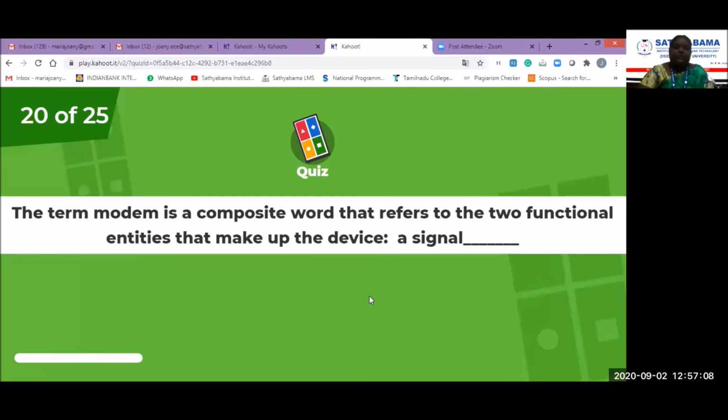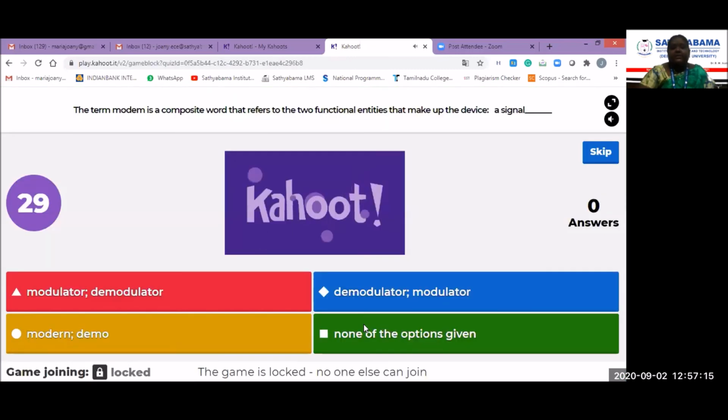Next, we'll quickly move on to the next question. Only 4 more questions are there. The term modem is a composite word that refers to the two functionalities that make up the device. What is that?